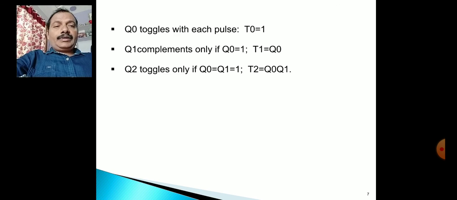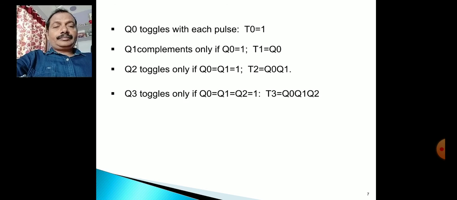Q2 toggles if Q0 and Q1 are 1, since T2 is Q0 Q1. Q3 toggles only if all three Q0, Q1, Q2 are 1. So that is T3 is 1.